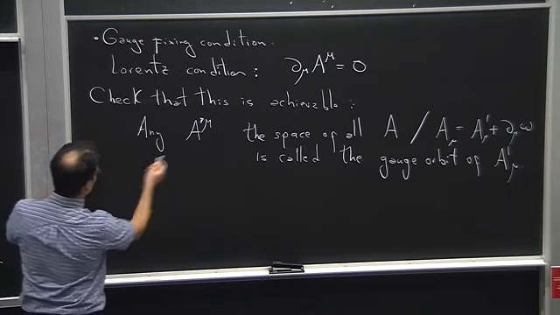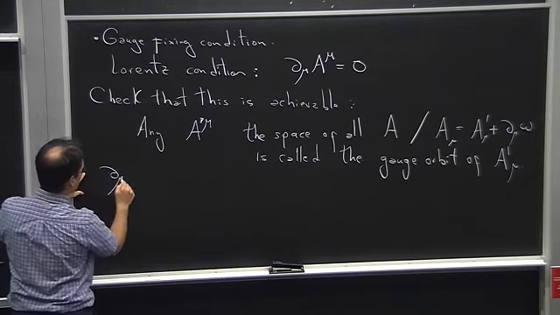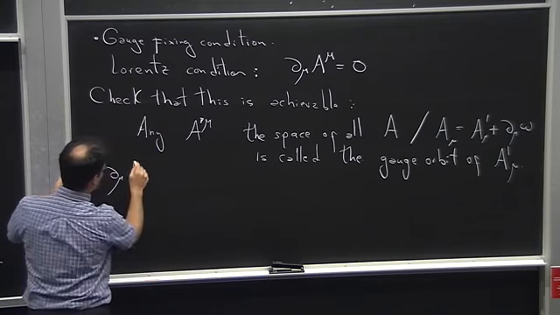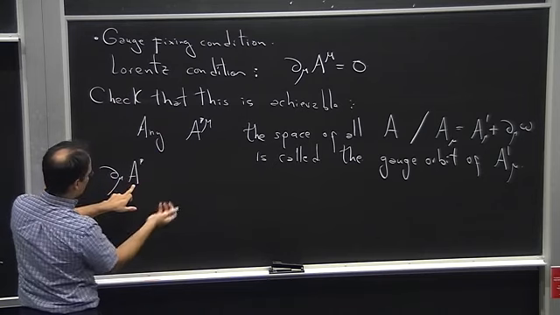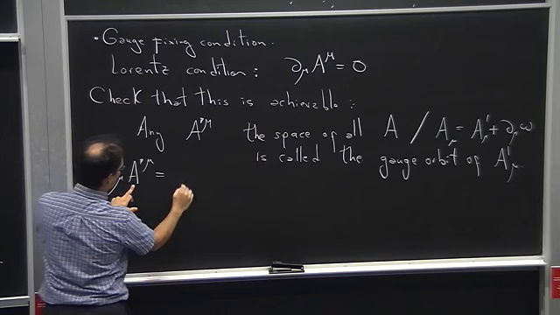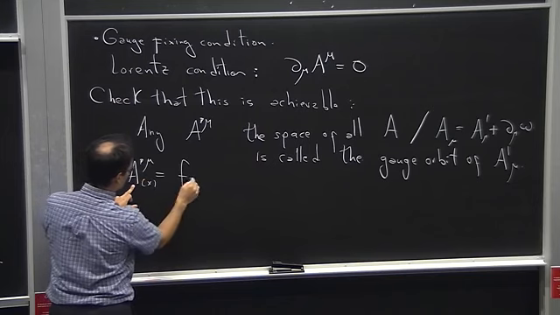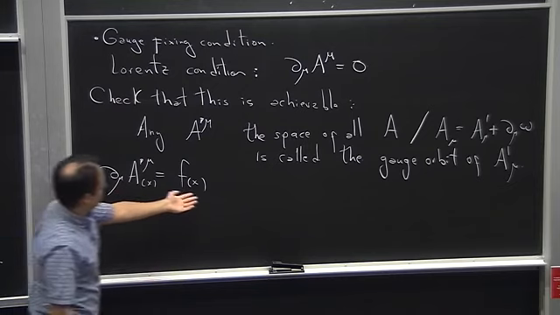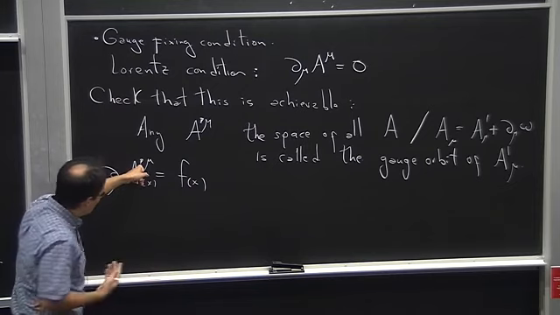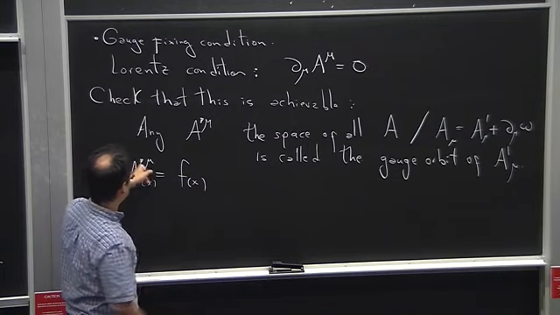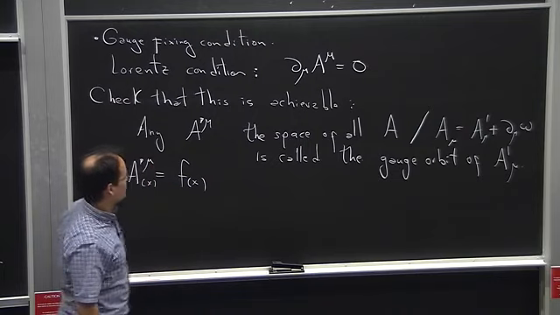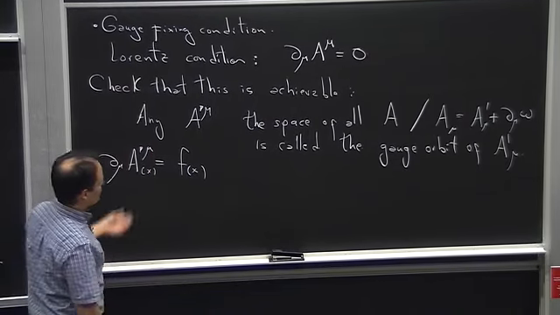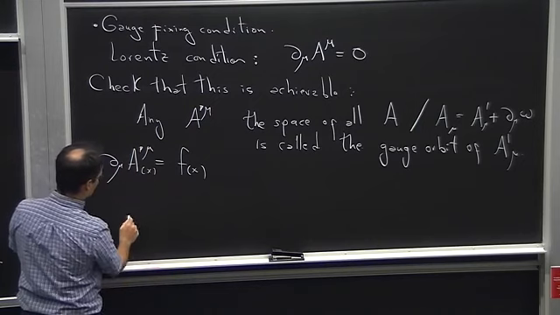Very good. So then what do we do? We just say, well, imagine that the choice I made of A prime gave me some function of x. Fine, the original choice I made failed to satisfy that condition. But then I say, well, let me choose another one.